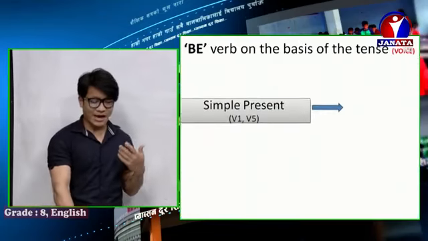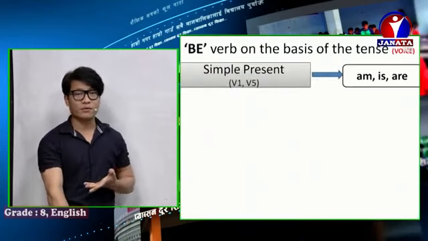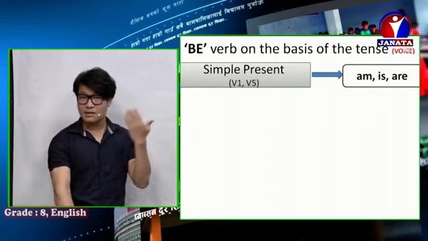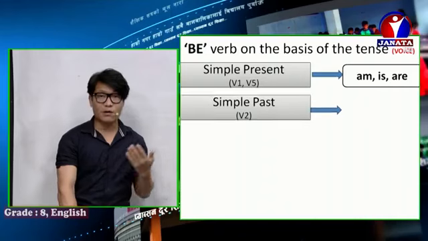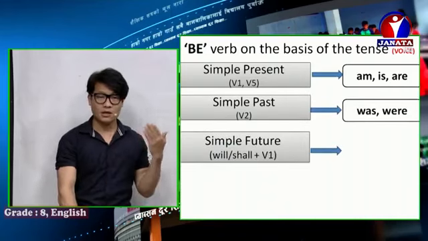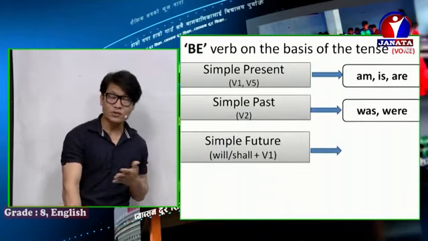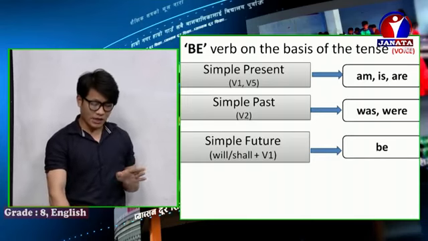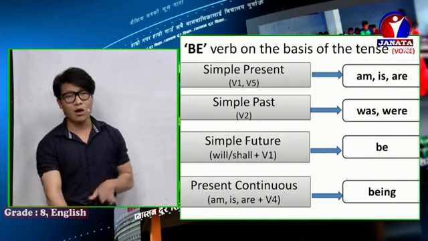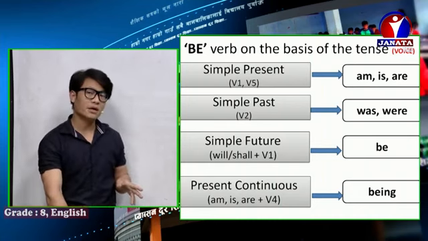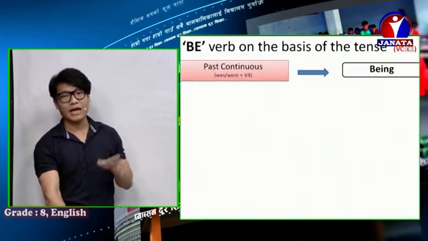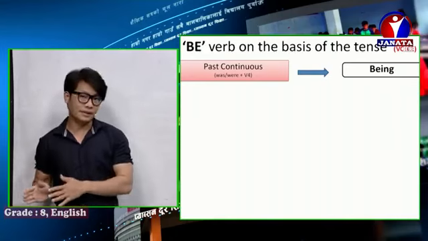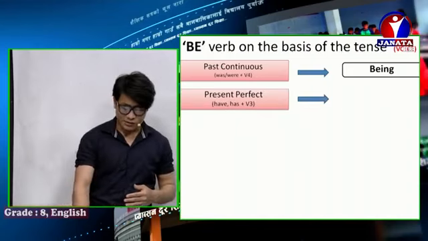Then we talked about be verb on the basis of tense. Simple present has am, is, are as be verb, simple past has was, were, and simple future has be. Present continuous and past continuous have the same be verb, being.